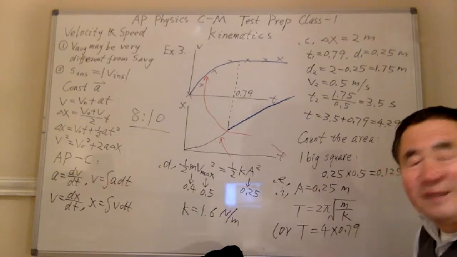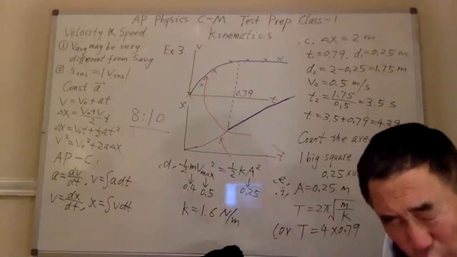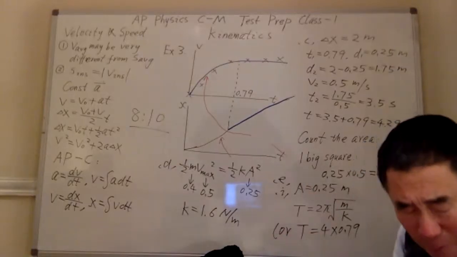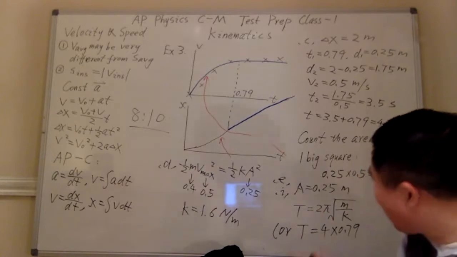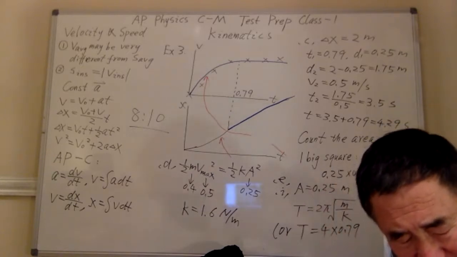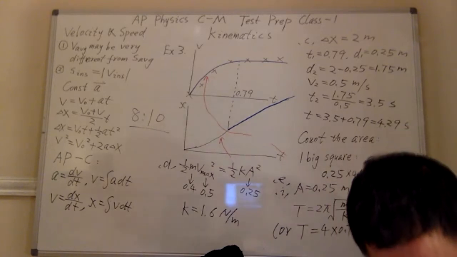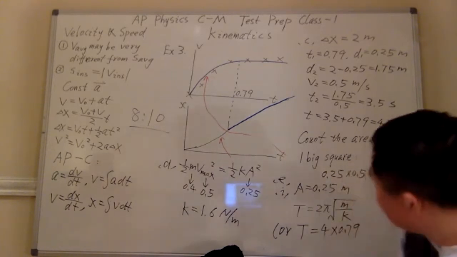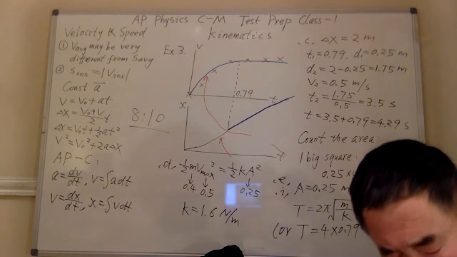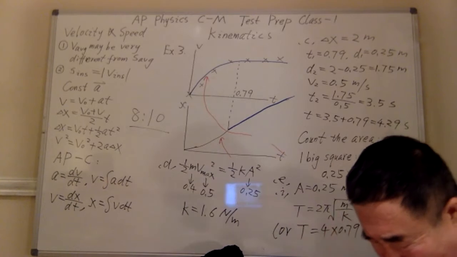Because from maximum compression back to origin, that's 1/4 of the period. If you want to figure out the period, you need to multiply by 4. That is graphing things.